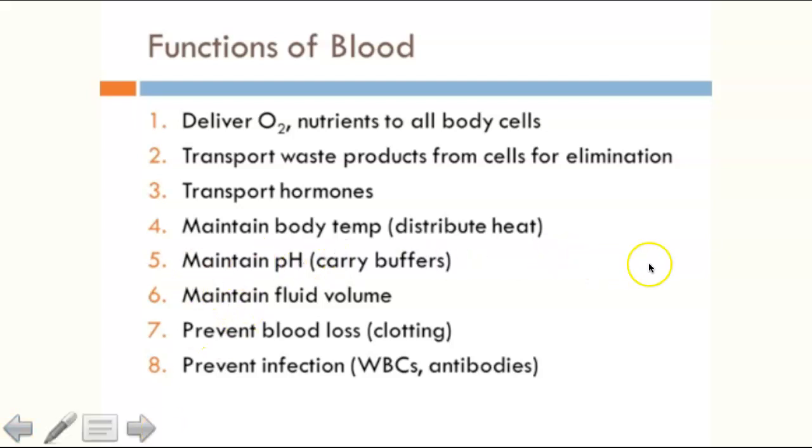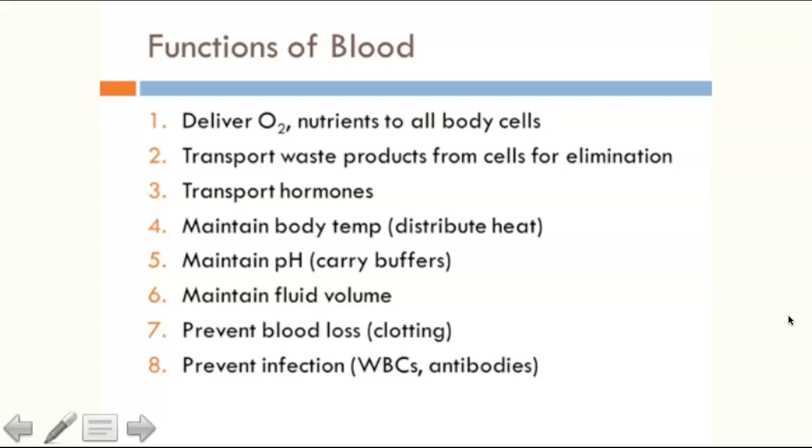Similarly, the blood helps to maintain pH in our body by carrying buffers through it. So, moral of the story here is blood is a really good transportation system. Anything we need to transport through our body is carried through our blood system. It helps us maintain fluid volume.